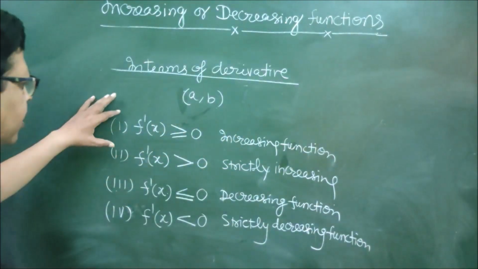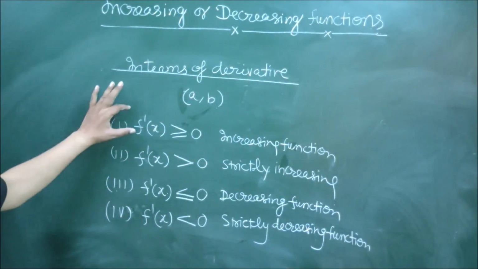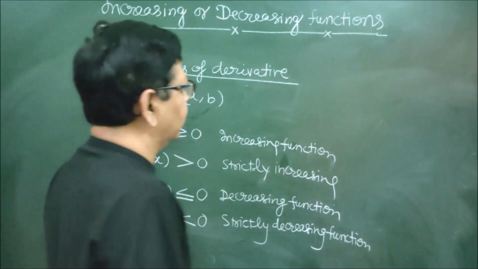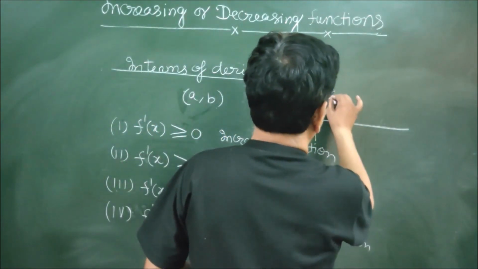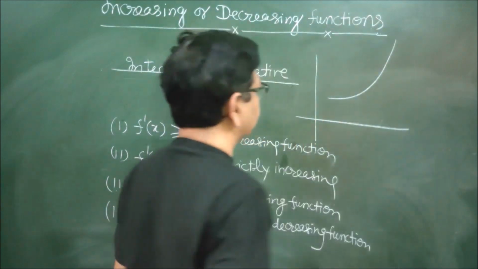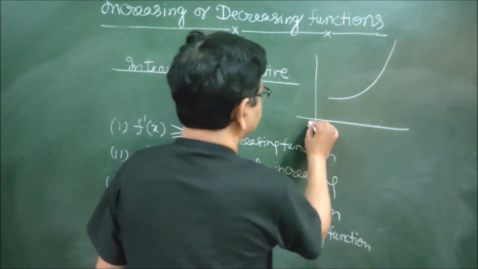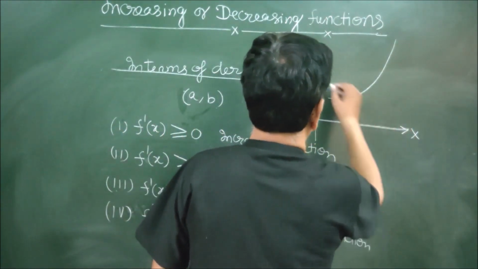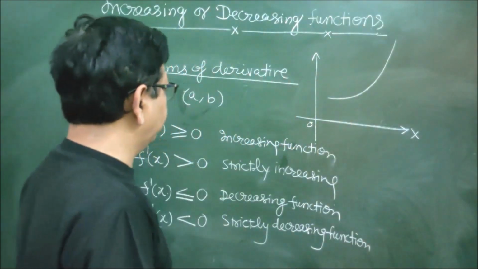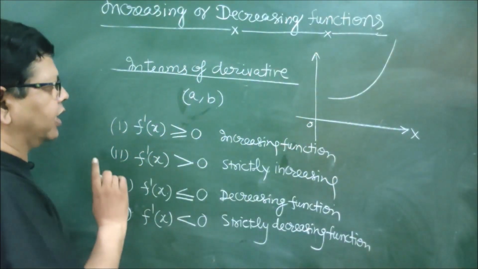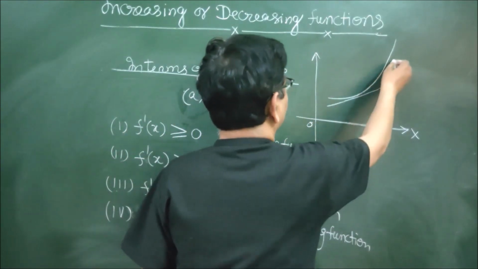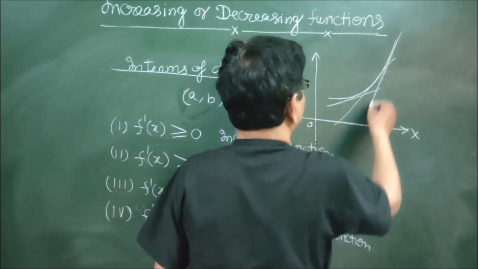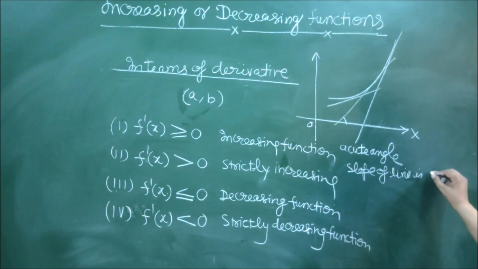So let us understand why this condition. For an increasing function, as you know, the graph is going upward. So if we draw a tangent at any point of this graph, it is always making an acute angle, so the slope is always positive.